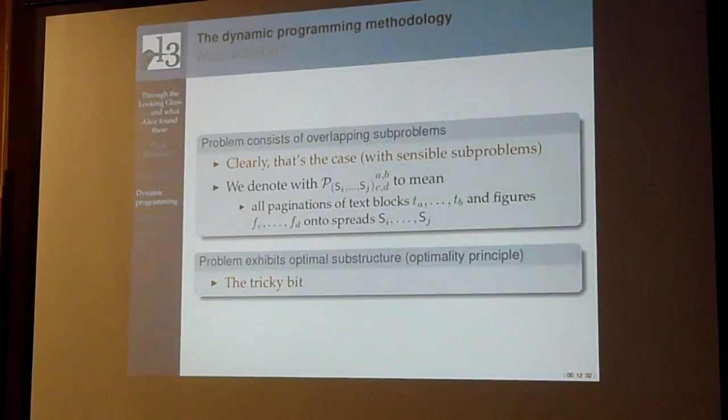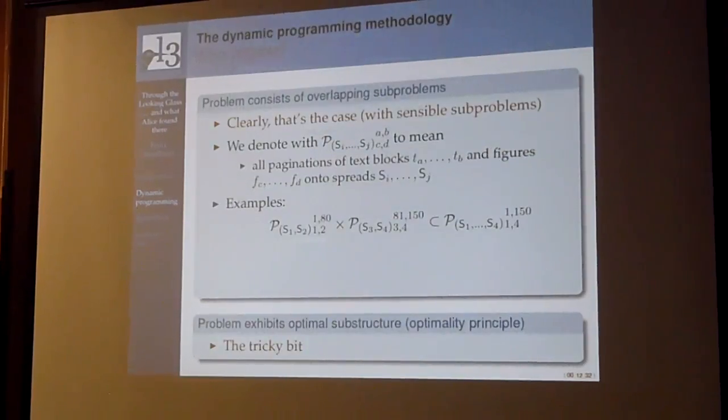So for example, this one here says the partitioning from spread 1 to spread 4 with the text blocks from 1 to 150 and the figures from 1 to figure 4.